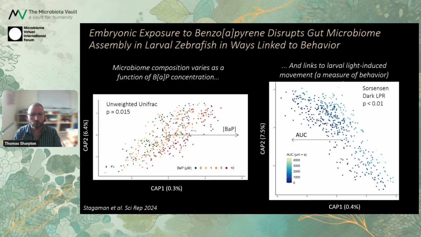The microbiome correlates with total movement, but again, the effect is subtle. Taken together, these findings suggest that the microbiome assembly is largely individualized, but that BAP can steer this process, and those microbial shifts are tied to behavior. Importantly, we can only detect these subtle yet meaningful effects because the zebrafish model allowed us to work with very large sample sizes.